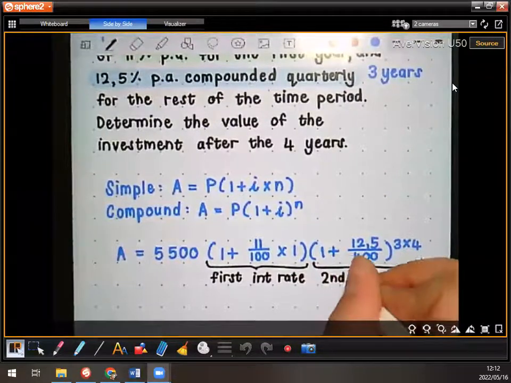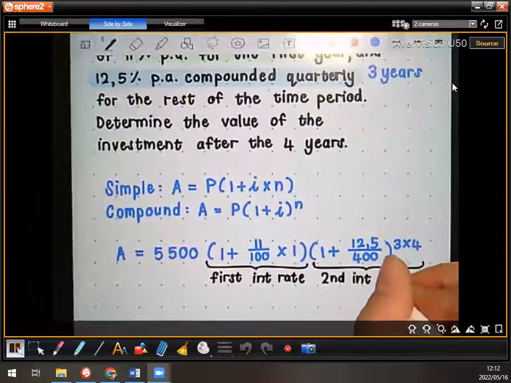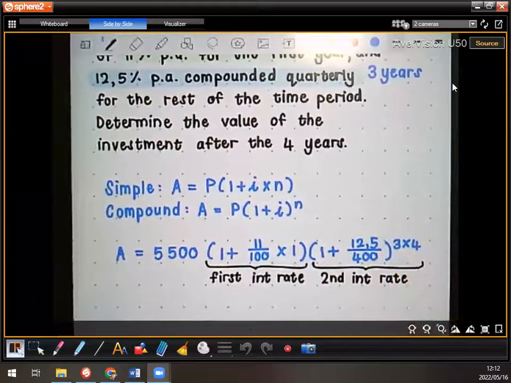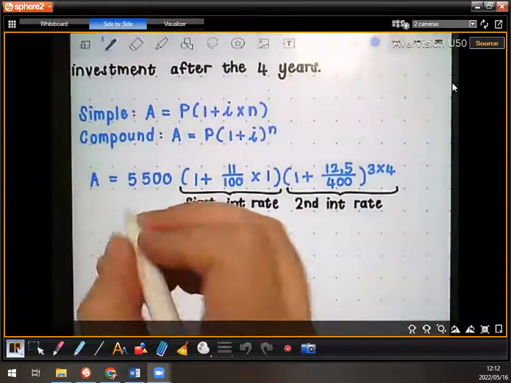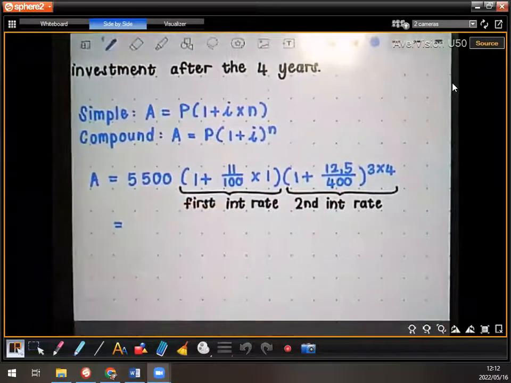Second interest rate. You are just multiplying them all together, guys. You're not doing 2 separate calculations and adding them together. Just one long line, you type everything in, you get an answer.